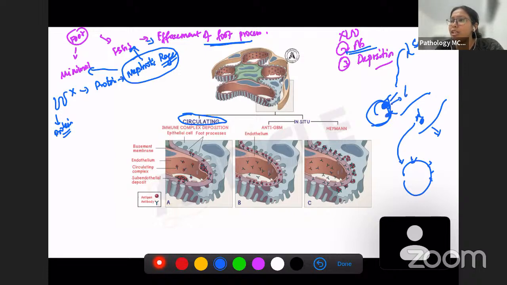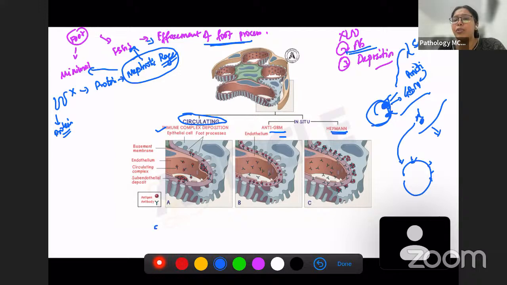This is seen in anti-GBM disease, which is also known as Goodpasture's syndrome. So we have immune complex deposition because of circulating antibody, and in situ deposition, which can be seen in anti-GBM disease.